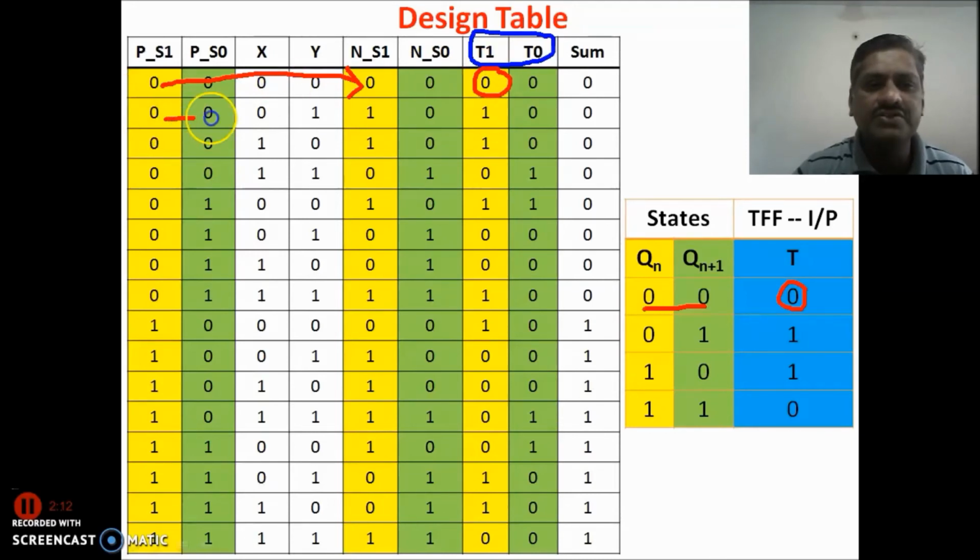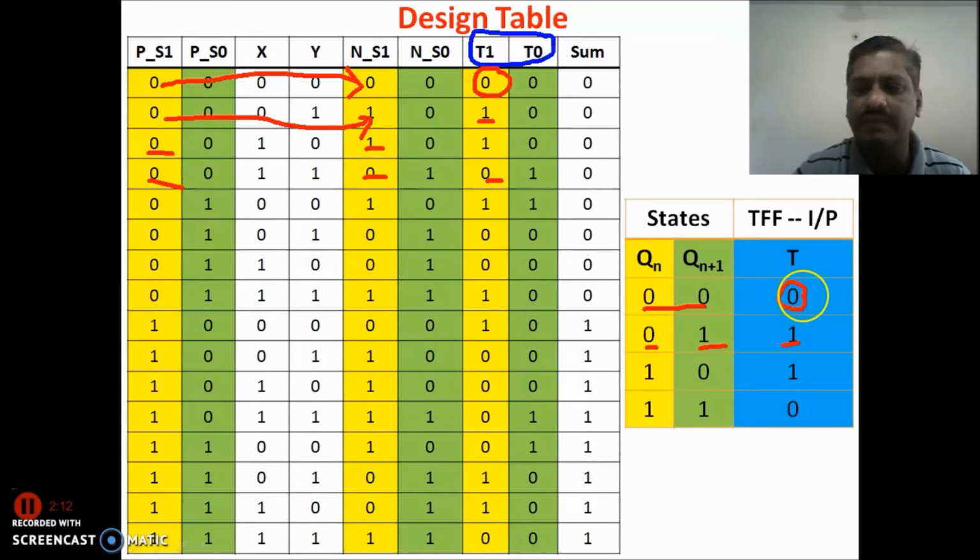Similarly for 0 1, I am talking about only T1. For 0 1, the present state is 0 and the next state we want is 1, so the input applied should be 1. Again for 0 1, the input applied is 1. For 0 0, the input applied is 0.